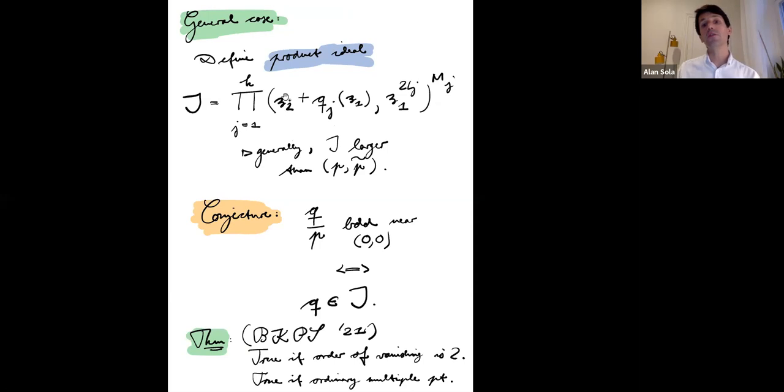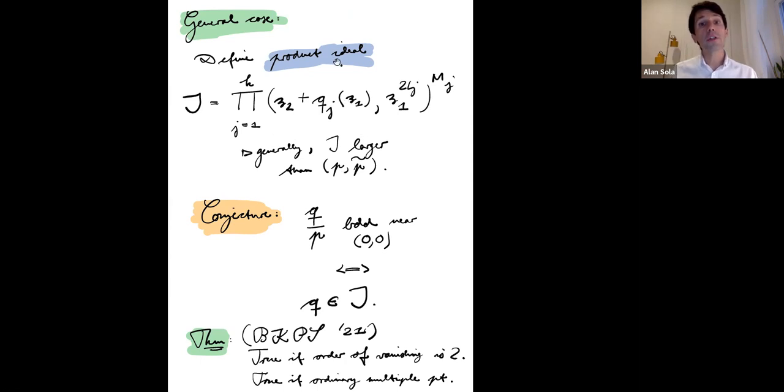You look at Z2 plus Qj, comma Z1 to the 2Lj. These are taken from this representation, and you take the power Mj, capital Mj, and then you multiply together over j. So this is a product ideal. And this ideal is in general larger than the ideal just generated by P and its reflection polynomial P tilde.